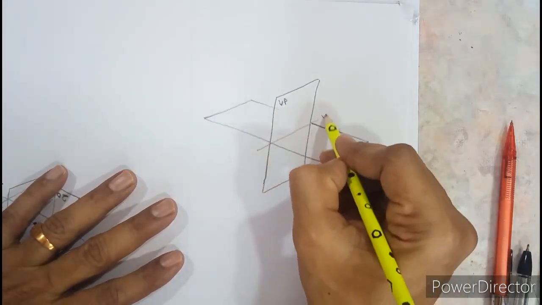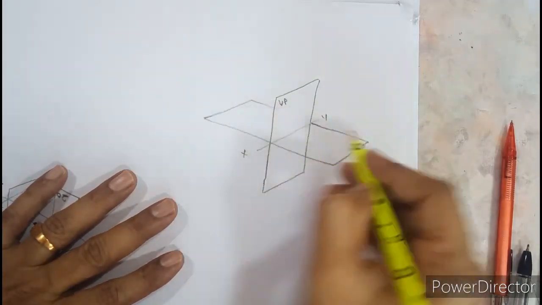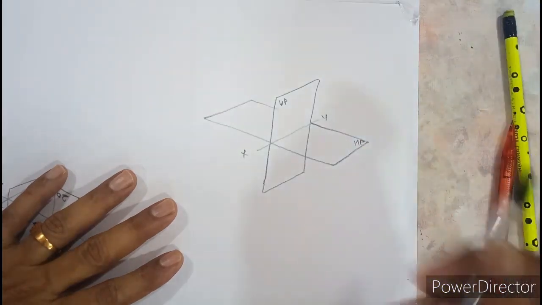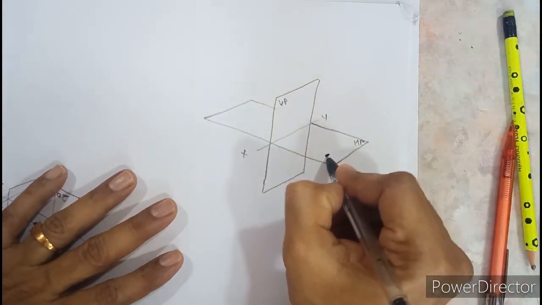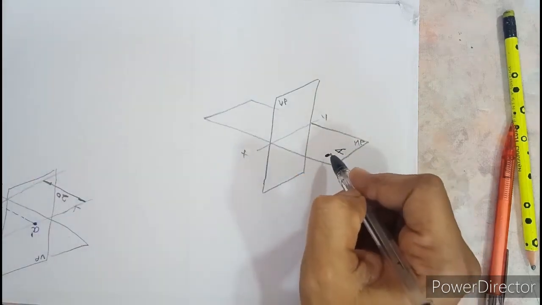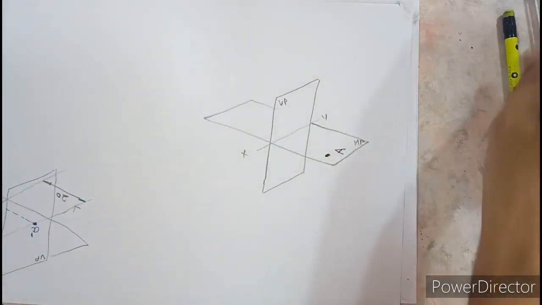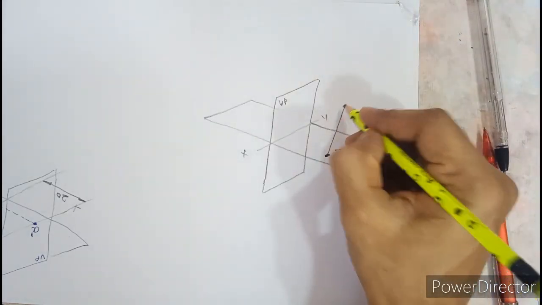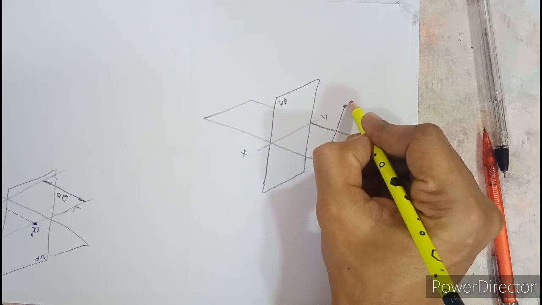The speciality of this chapter is, because all these planes are imaginary, now suppose a point A lies on HP. It is not like that if A is assumed to be in the first quadrant, then B will also be in the first quadrant.